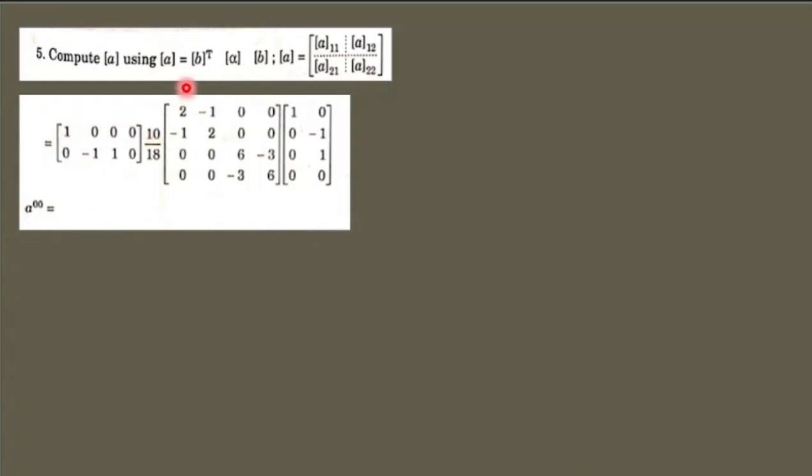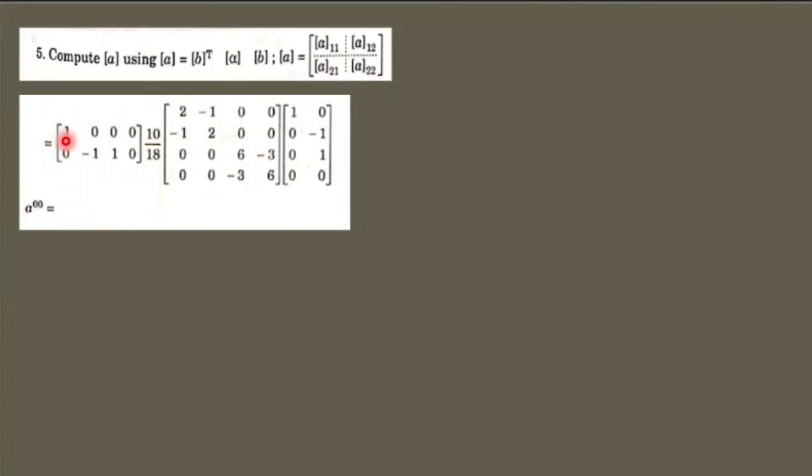So first row into first column, that is 1 into 2 will be 2, then 0 into minus 1 will be 0, 0 into 0 is 0, and finally 0 into 0 will be 0. So the first column will be only 2, you will be only having 2 here.